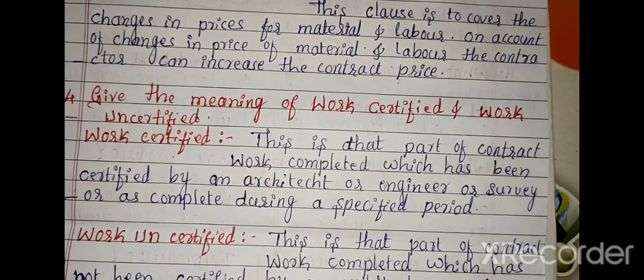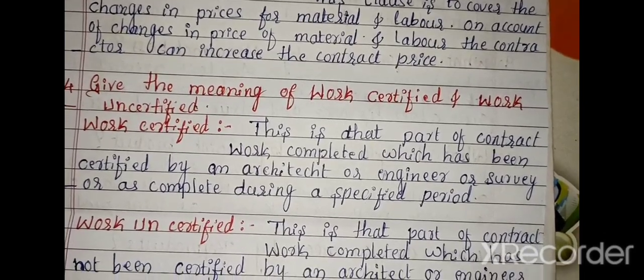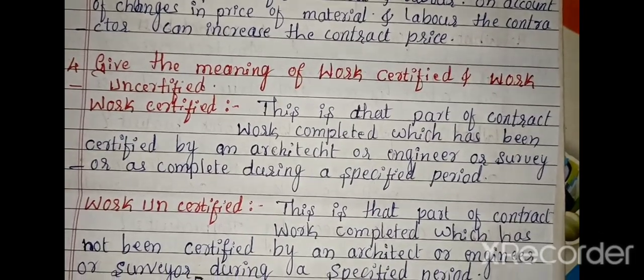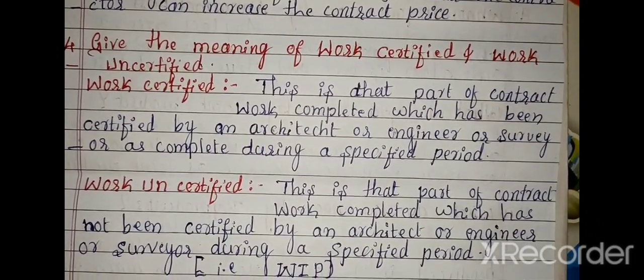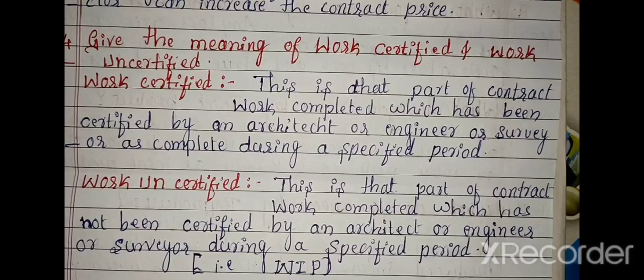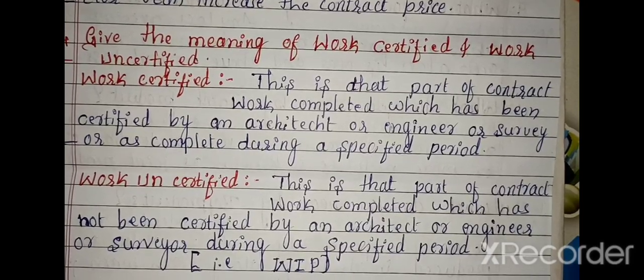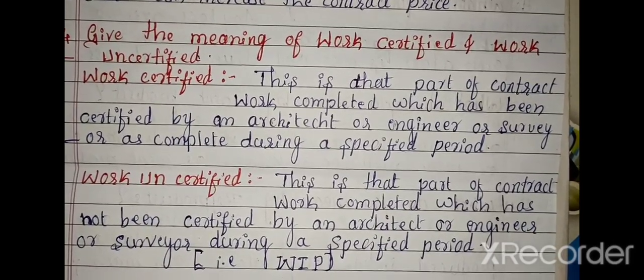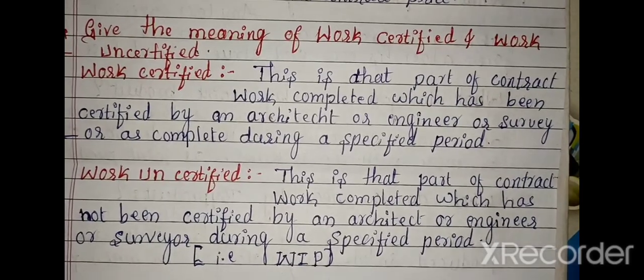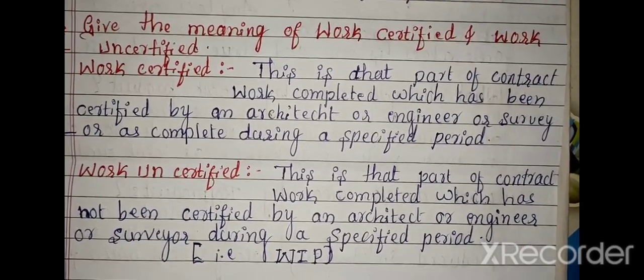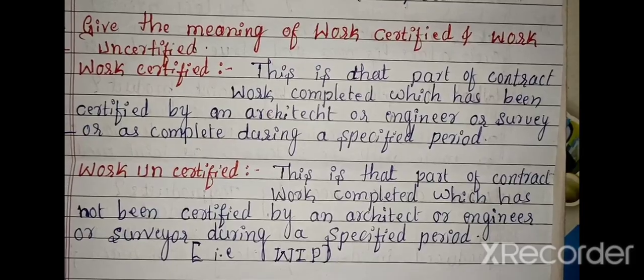And work uncertified means that part of the contract not certified by an architect, engineer or surveyor during a specified period, and it is also called work in progress.